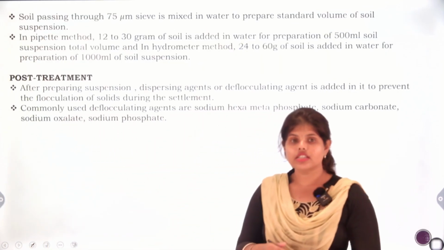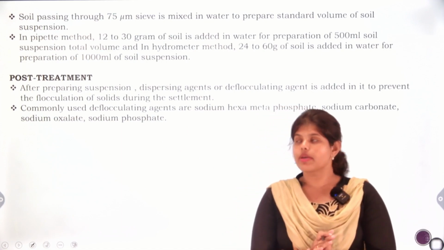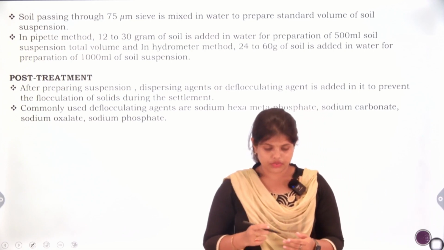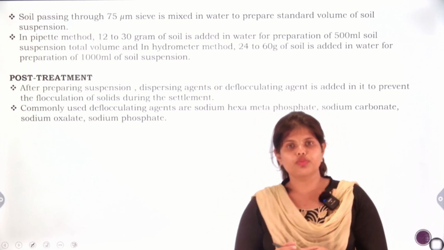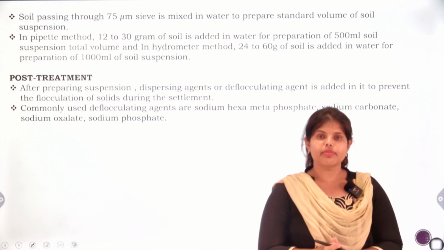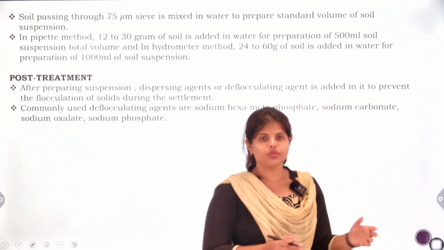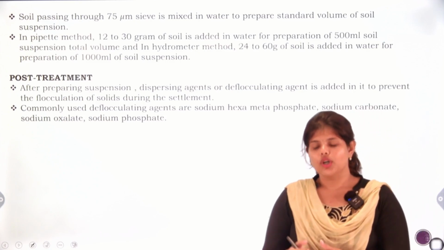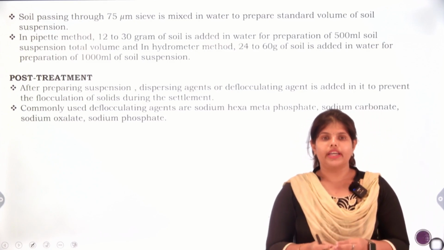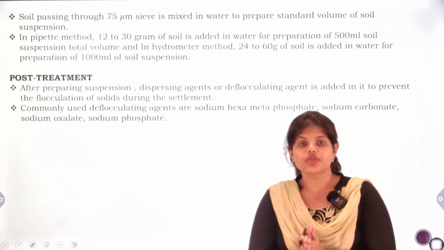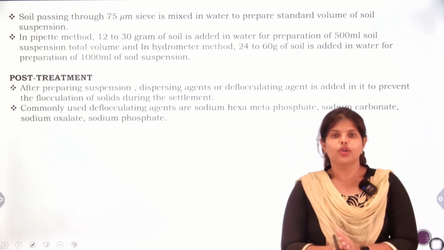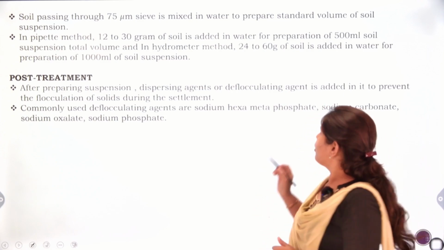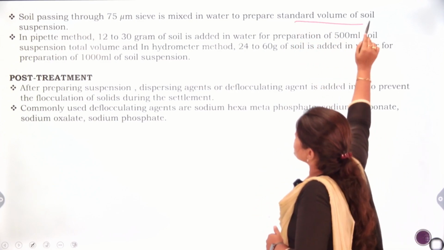Next, the soil passing through the 75 micrometer sieve is mixed with water. After we remove the organic matter and calcium compounds, we take the soil passing through the 75 micrometer sieve and add it to water to prepare a standard volume of soil suspension.